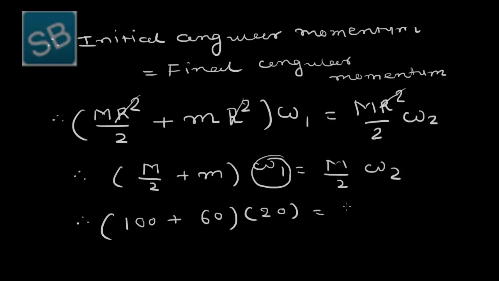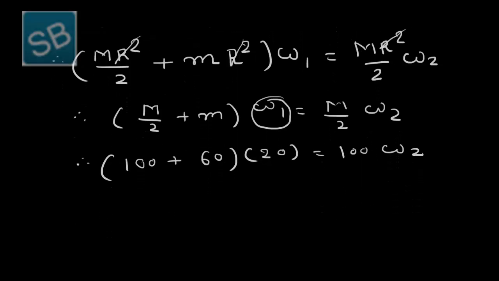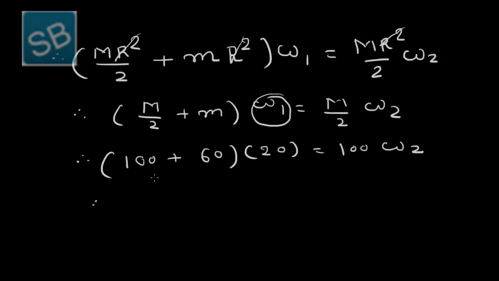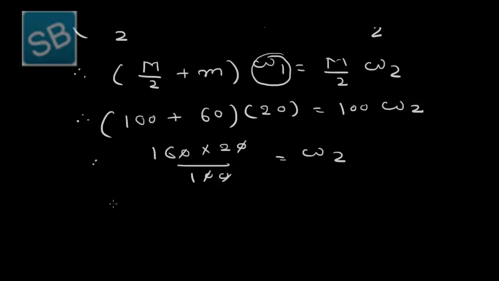On the right side also 200 by 2 is 100, times omega 2. So it is 160 into 20 divided by 100, which equals omega 2. The zeros cancel out from numerator and denominator, so the angular velocity at present is 32 rotations per minute.